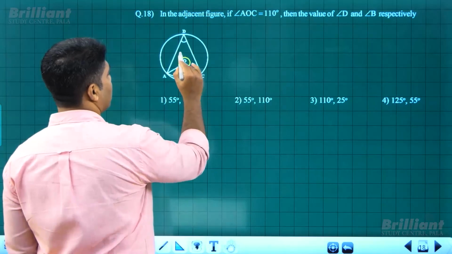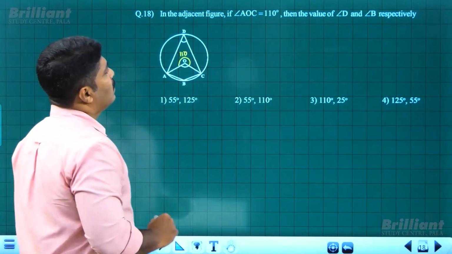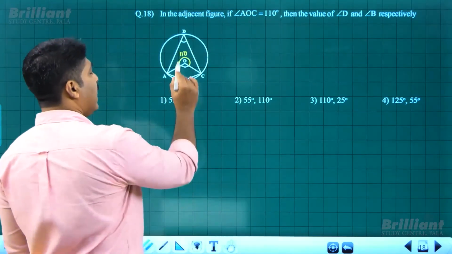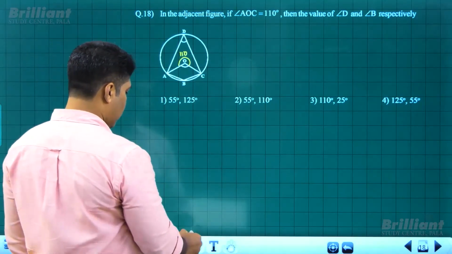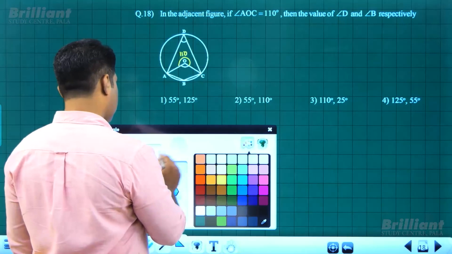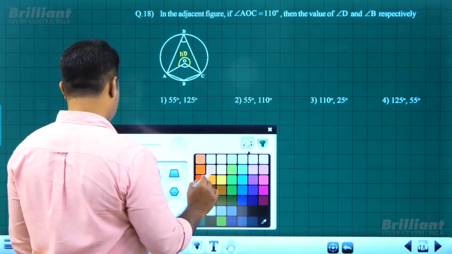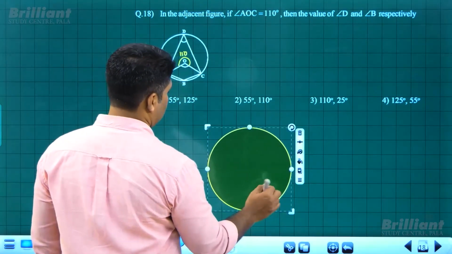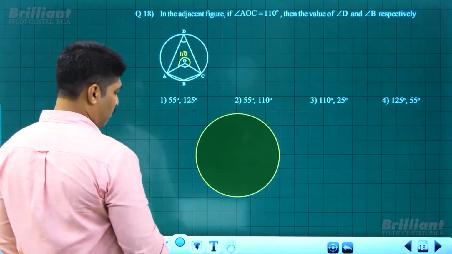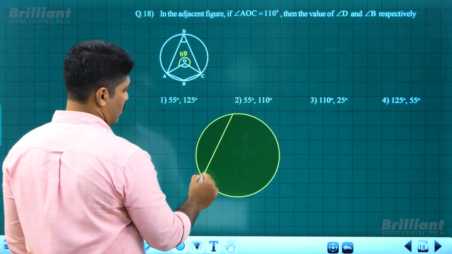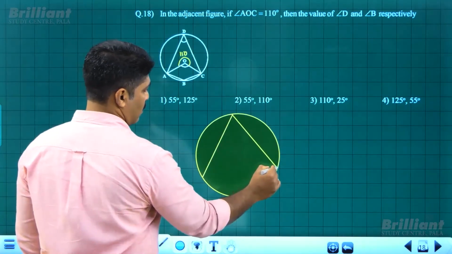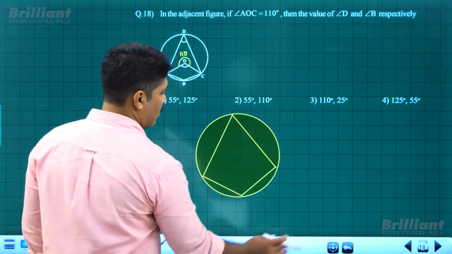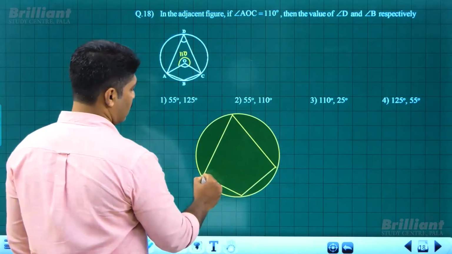So then the value of D and B. If angle AOC is 110, if we are drawing another big diagram here, there's one center we can consider from here to here.